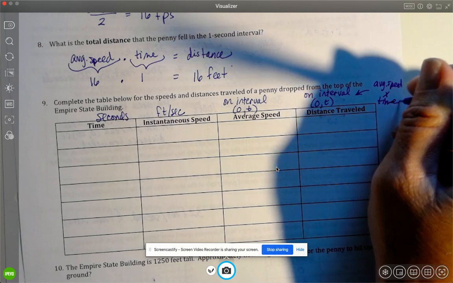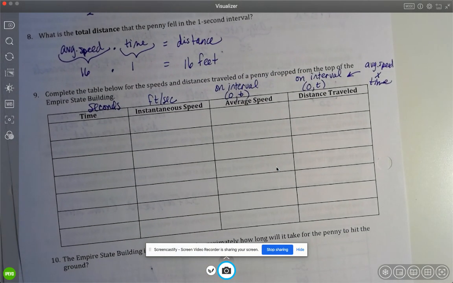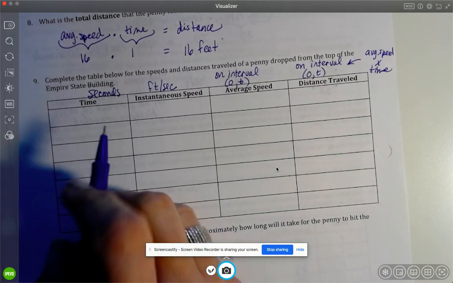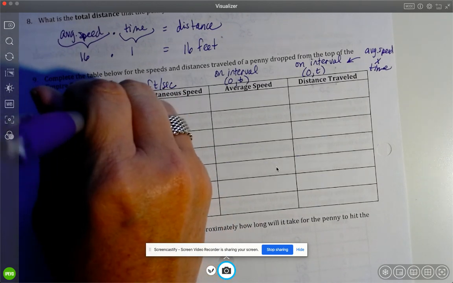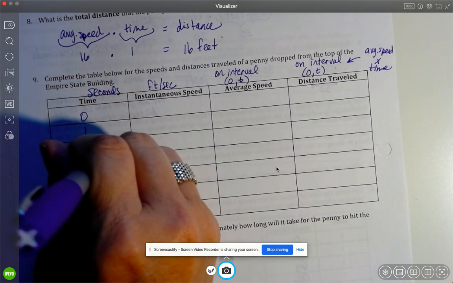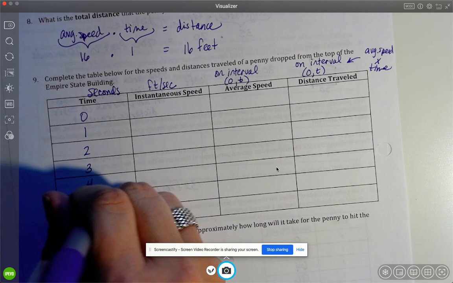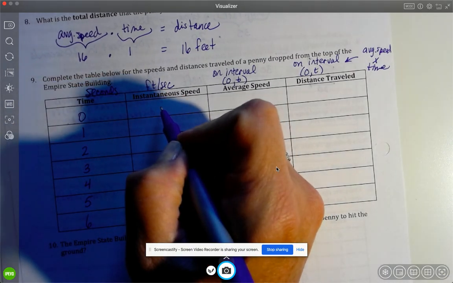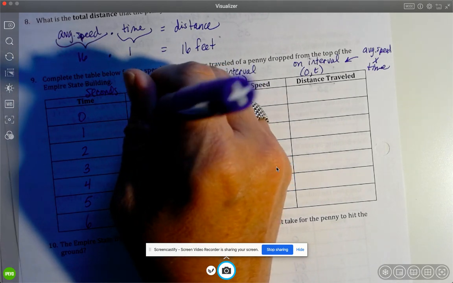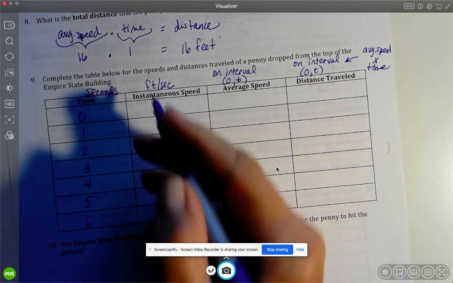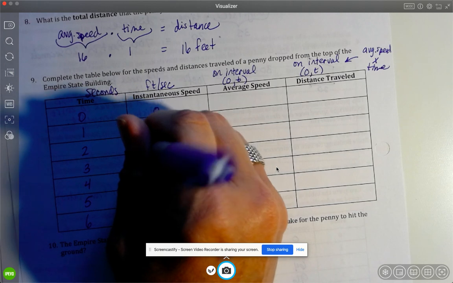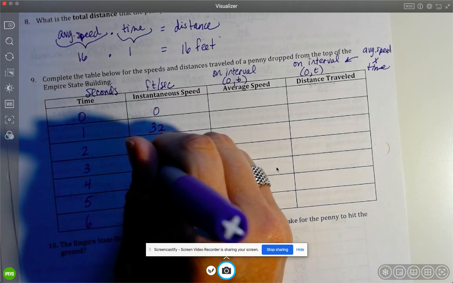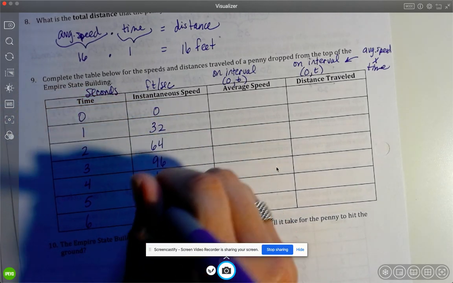Okay, so let's go ahead and fill this in. So time in seconds, you have 0, 1, 2, 3, 4, 5, 6. Instantaneous speed, you have 0 feet per second, then 32, 64, 96, 128, 160, 192, right?